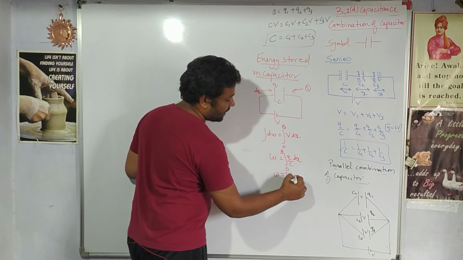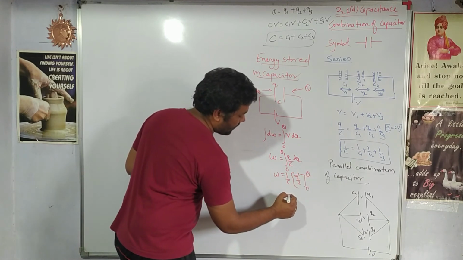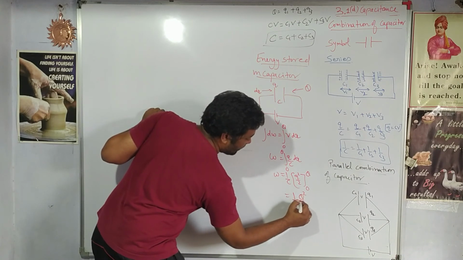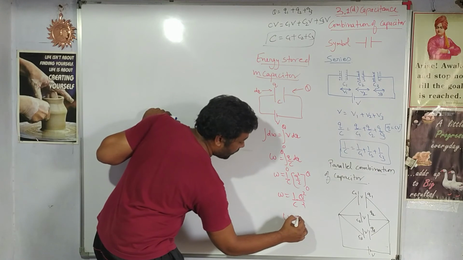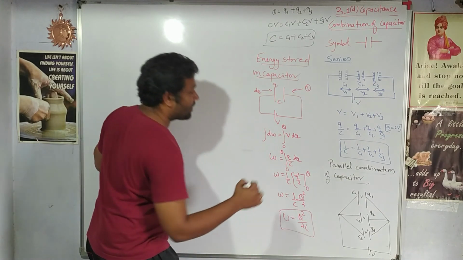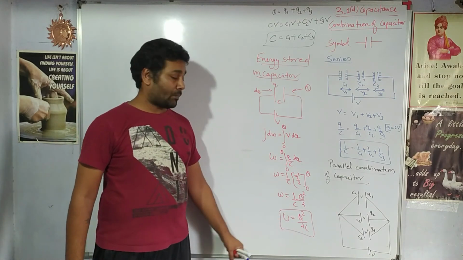So the integration of Q will be Q square by 2, from 0 to Q. If you simplify, it is 1 upon C, Q square by 2. So this work done appears in the form of potential energy of the capacitor. So this is the equation of the potential energy or energy stored in the capacitor, Q square by 2C.